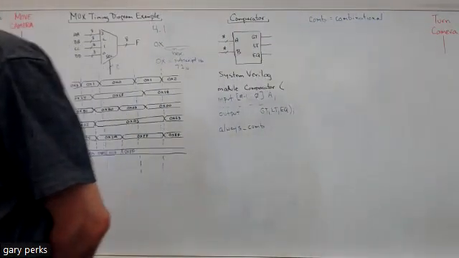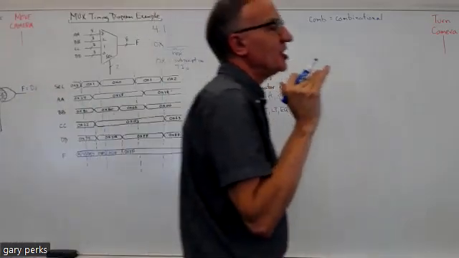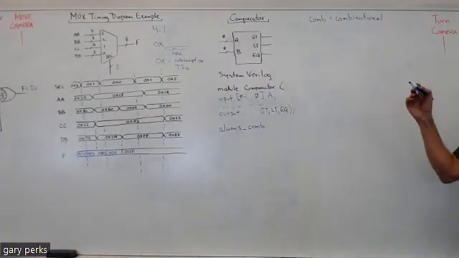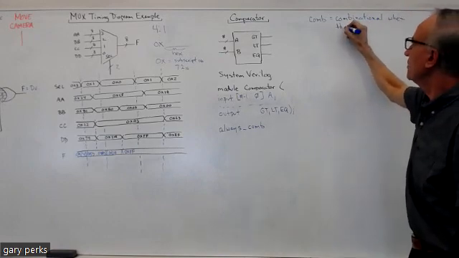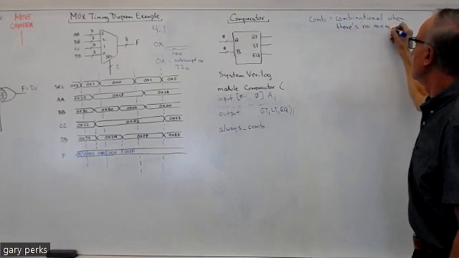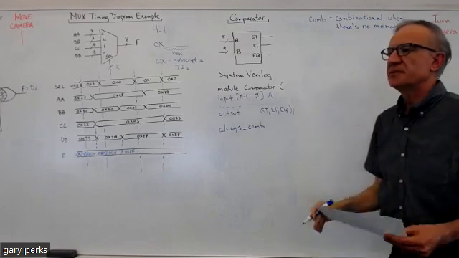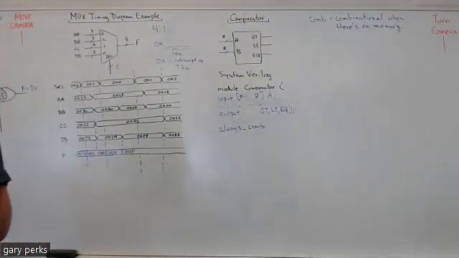See, even though we haven't called the logic circuits that we've been working on thus far this quarter combinational, that's what they've been. And you have a combinational logic circuit when there's no memory. Okay, combinational logic circuits do not have the ability to store.